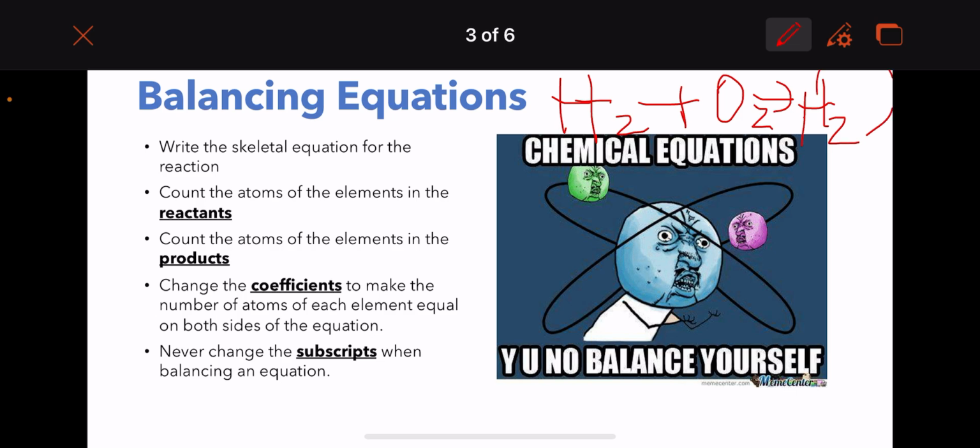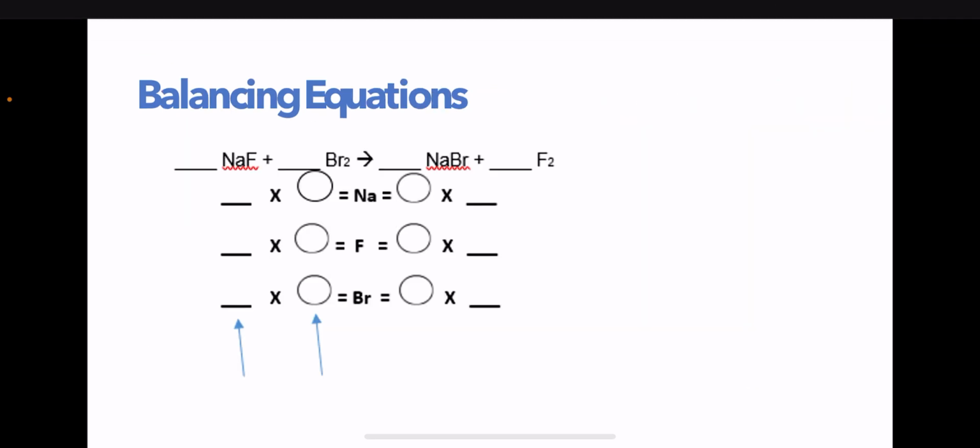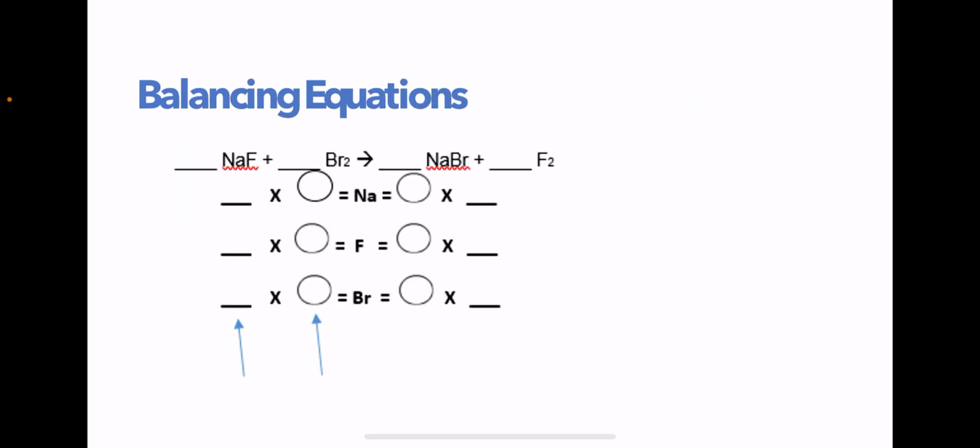Well, it looks like it would just be so simple to put another 2 down here as a subscript, but I cannot do that, because if I do that, I haven't made water anymore. I've made hydrogen peroxide, and that's not the same thing. So I can only change coefficients, the large numbers in front, these guys. Okay? Moving on. Let's look at how to practice this.